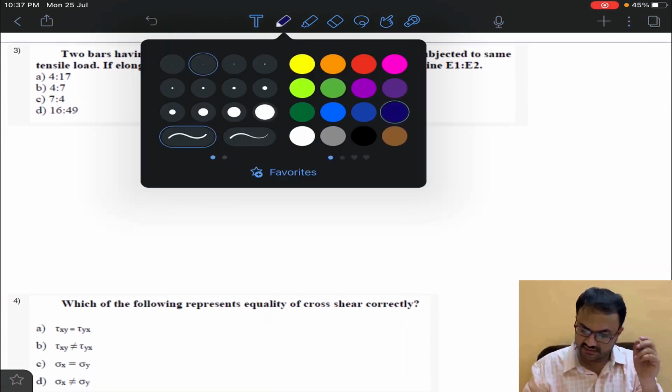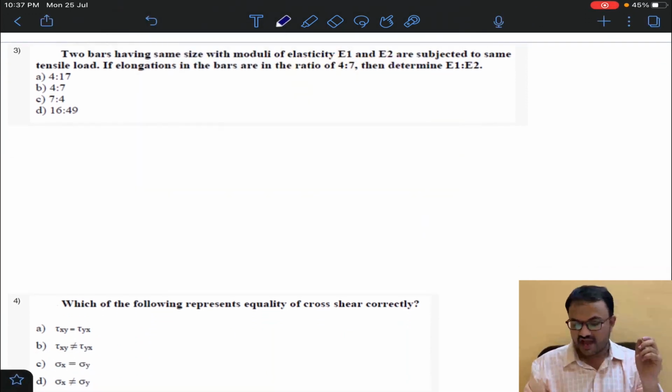Next question. Two bars having same size with moduli of elasticity E1 and E2 are subjected to the same tensile load. That is, the load applied on the two bars is the same.